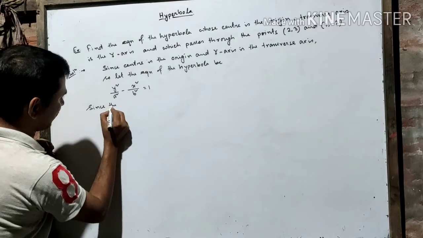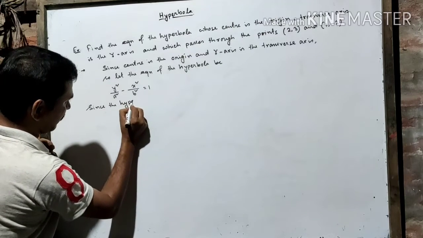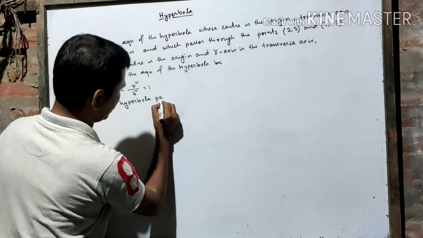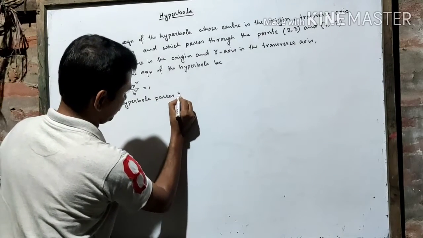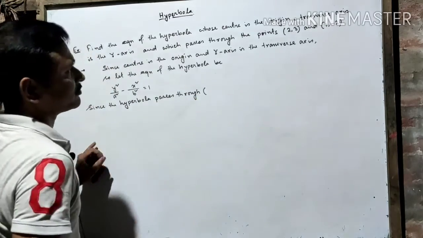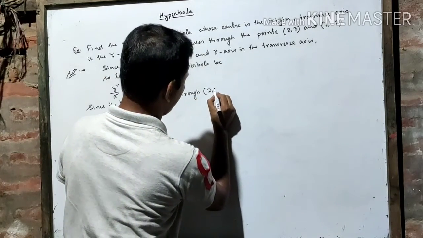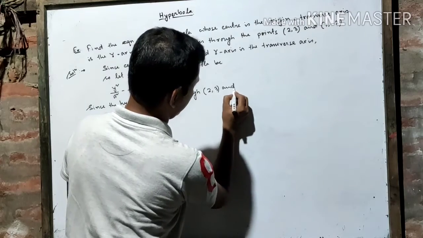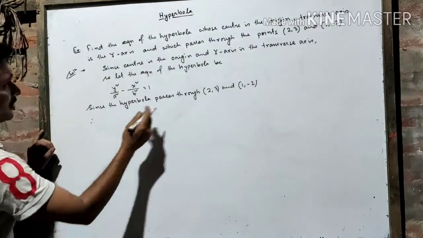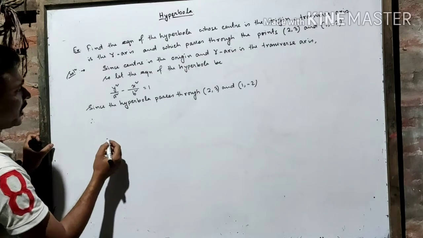Since the hyperbola passes through (2, 3) and (1, -2), therefore these 2 points will satisfy the hyperbola.